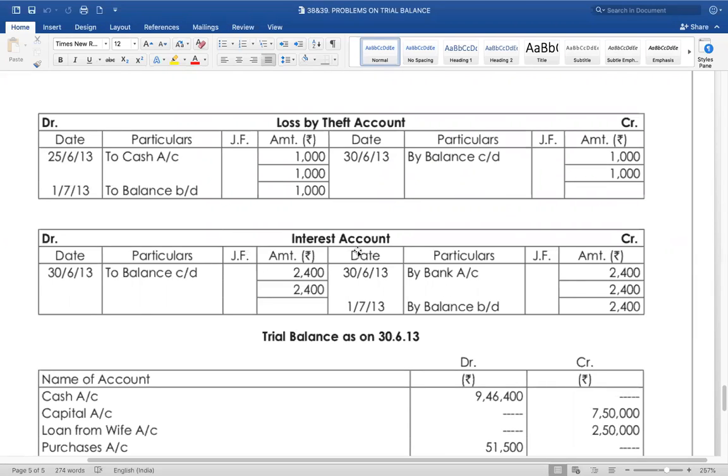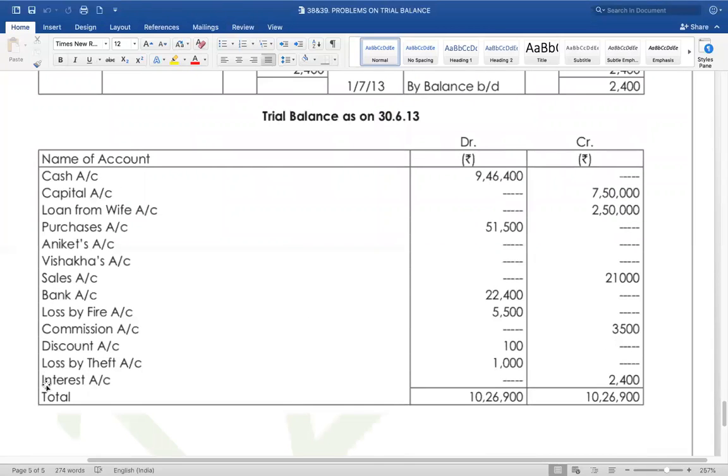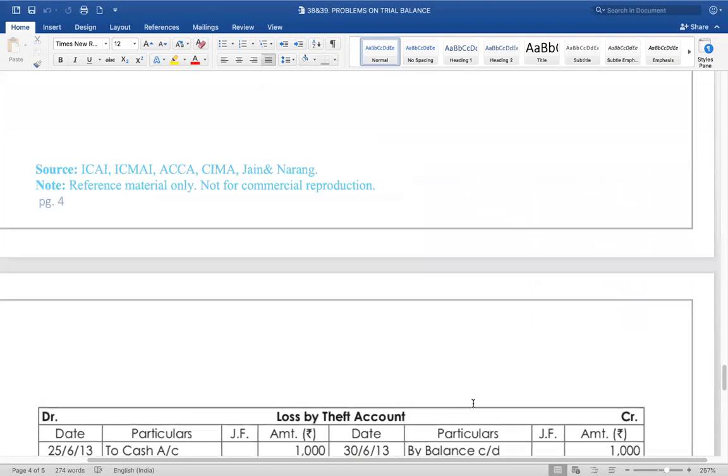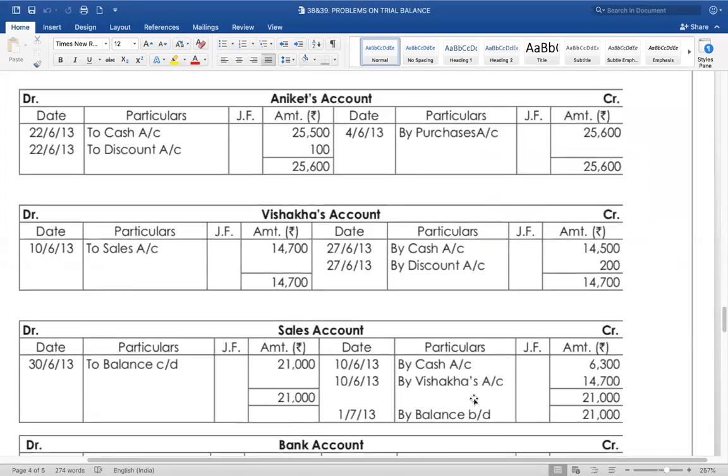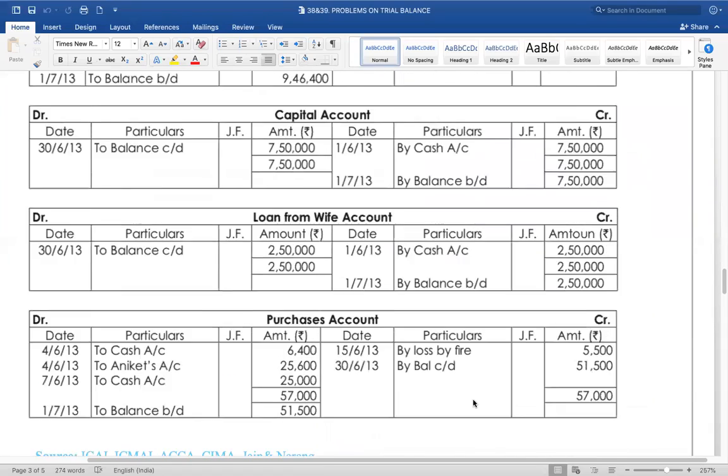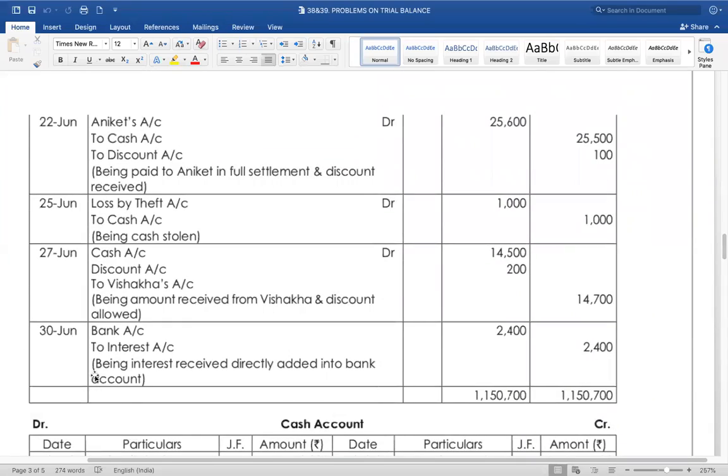So in interest account, bank account is credited, 2,400. Now the debit side is 0, so the account shows a credit balance of 2,400. Interest, 2,400 credit balance. It's income or gain. Gain or income always shows a credit balance.